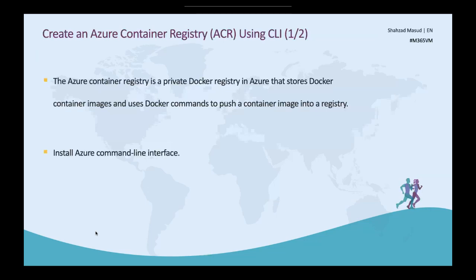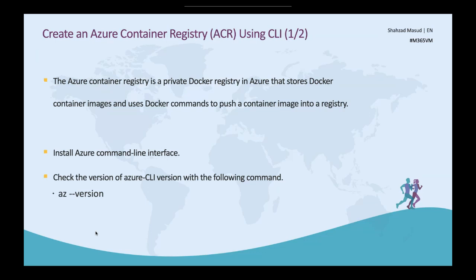Whenever we are working on an application and need to deploy our changes, we can build that application, create the image, and push that image to a registry. Azure Container Registry is the place where we can store those images.